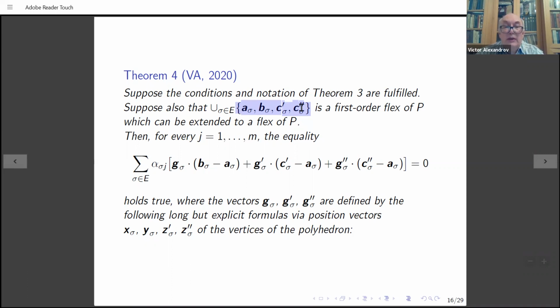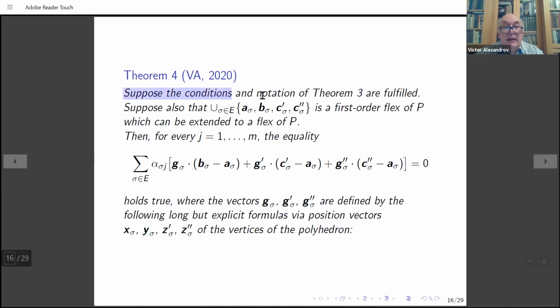What is this notation? The vector A sigma of the first order flex corresponds to this vertex X sigma. The vector B sigma corresponds to this vertex Y sigma of the polyhedron, and so on.